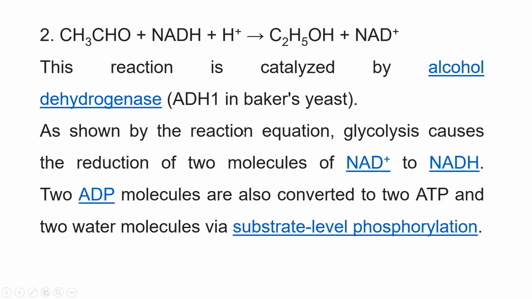As shown by the reaction equation, glycolysis causes the reduction of two molecules of NAD positive to NADH, and two ADP molecules are converted to two ATP molecules, and two water molecules are given out via substrate level phosphorylation. So here you get two molecules of ATP.